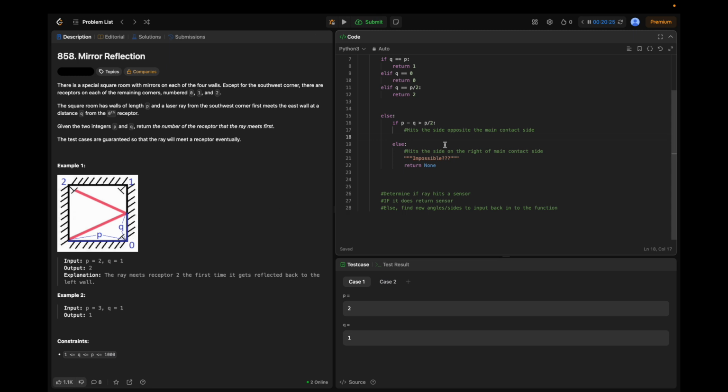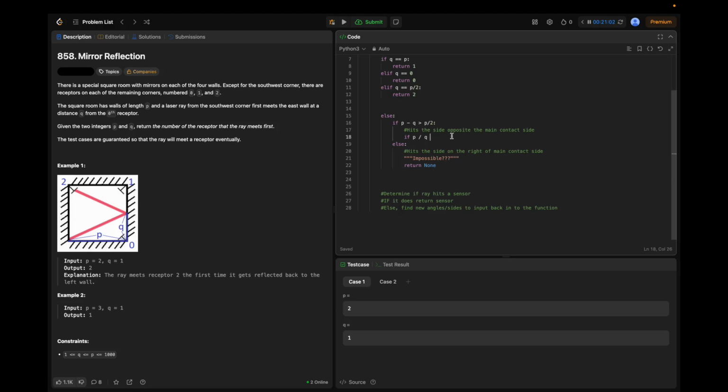Right. So take q, and I would say q divided by p, right? P divided by q is the number of times it will bounce. If p divided by q is not a whole number, I'm going to tentatively say that's impossible.